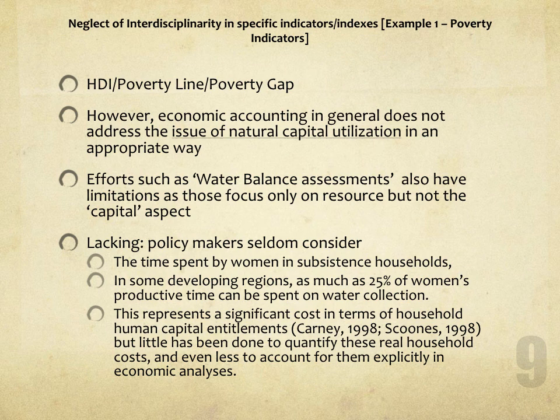But her list includes aspects such as the time spent by women in subsistence households. I mean, whether that is a productive time, whether that is a time which is non productive, how it is linked with economic activities, how it is linked with the level of development or quality of life. There are gray areas, as she understands. In some developing regions, she says that as much as 25% of the woman's productive time can be spent on water collection.